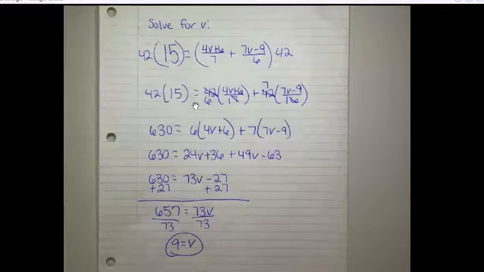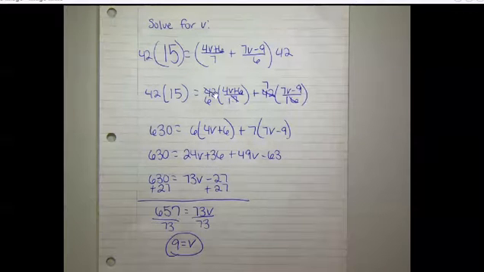So 42 times 15, and then with the distributive property, this makes 42 times parentheses 4v plus 6 over 7, plus 42 times parentheses 7v minus 9 over 6. Over here we can cross cancel to make this even easier to work with. 42 and 7 cancel each other out because 7 goes into both of those.